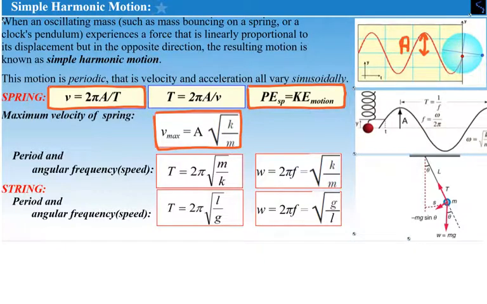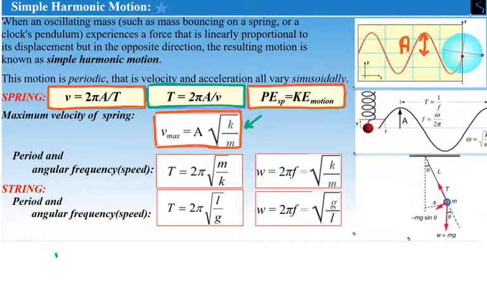Now, because the period from this formula right here, let me do it in green, because the period is equal to 2 pi A over velocity, then I can plug in the equation that I just found for the velocity and solve it.